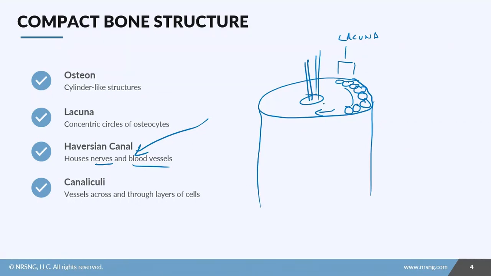These go across and through the layers of the osteon, and they provide nutrients and also take away wastes. As you can see, there's no direct blood supply to these osteocytes out here. So the canaliculi run all the way across, and they're going to provide the blood directly to these osteocytes on the outside of the osteon.